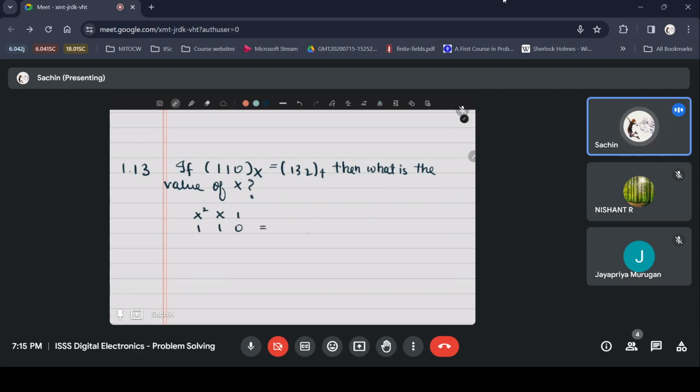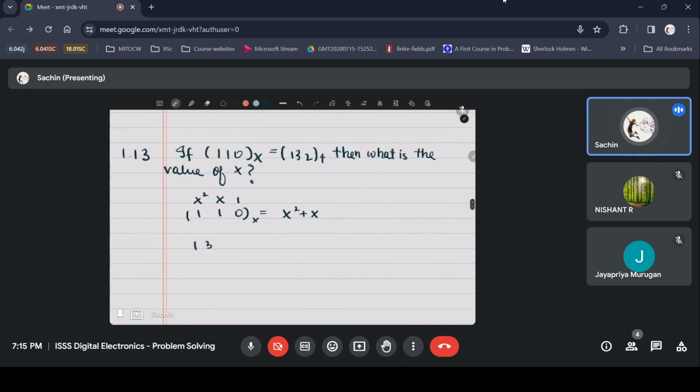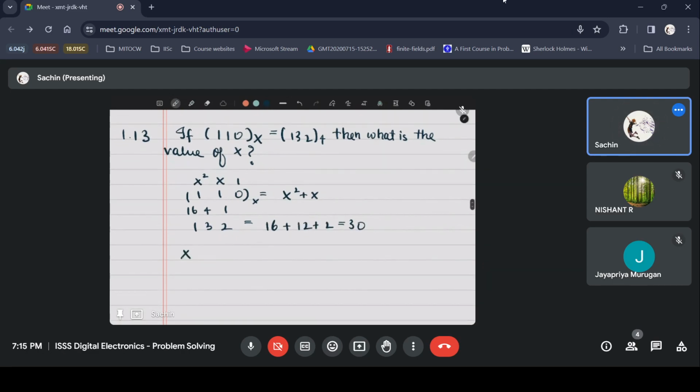So this number will be x square plus x in base 10. 132 base 4, it's in base 4, so it's 16 plus 12 plus 2, which is 30. So in decimal, these two numbers are equal.